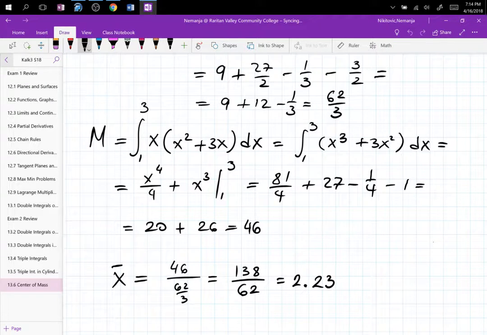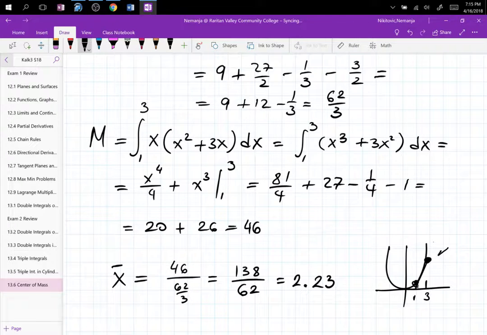Also, it makes sense to be closer to 3 than to 1. Because remember, your quadratic function looks like this, right? And if the quadratic function looks like that, and you have your 1 to 3, you see that it's denser on the side where 3 is than the side where 1 is. Does that make sense as well?